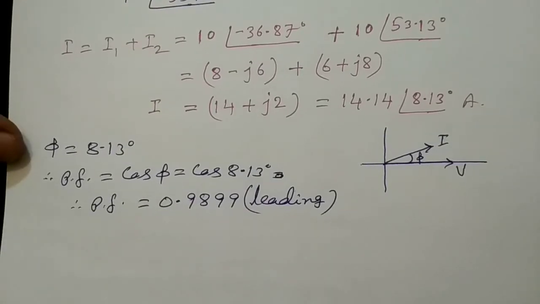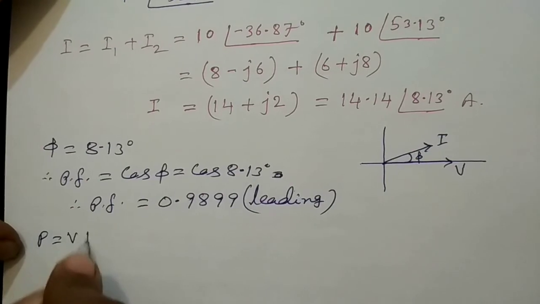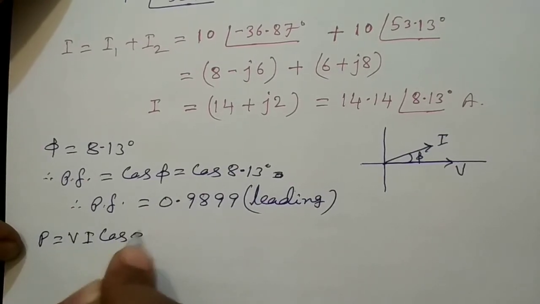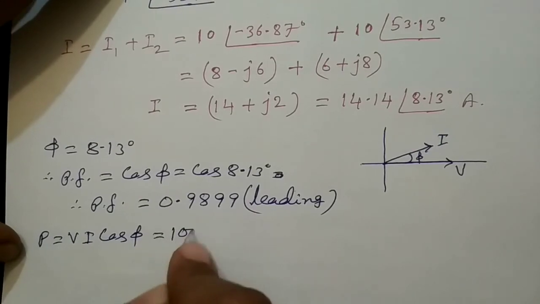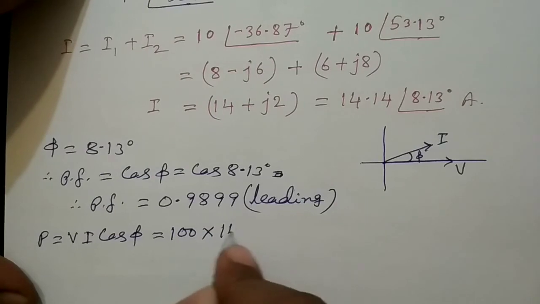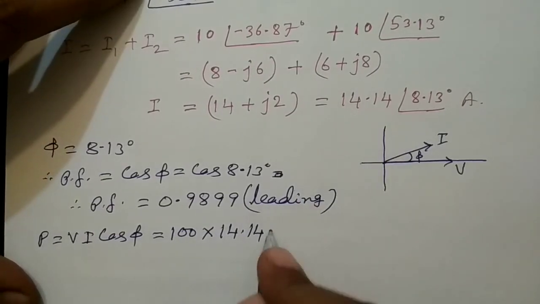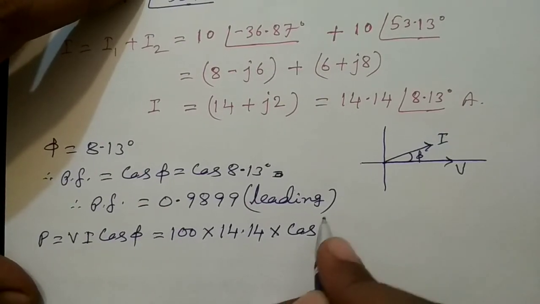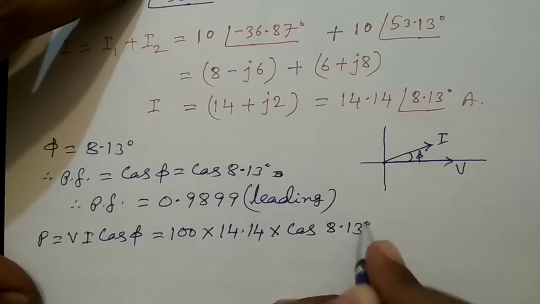Now the active and reactive power. We know that the formula of the active power is VI cos phi. Here the RMS value of the voltage is 100, the RMS value of the total current is 14.14, into cosine of the angle between voltage and current, that is 8.13 degree.